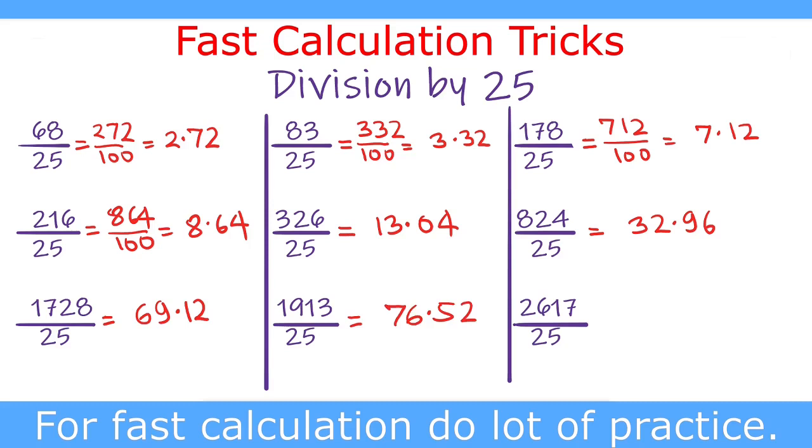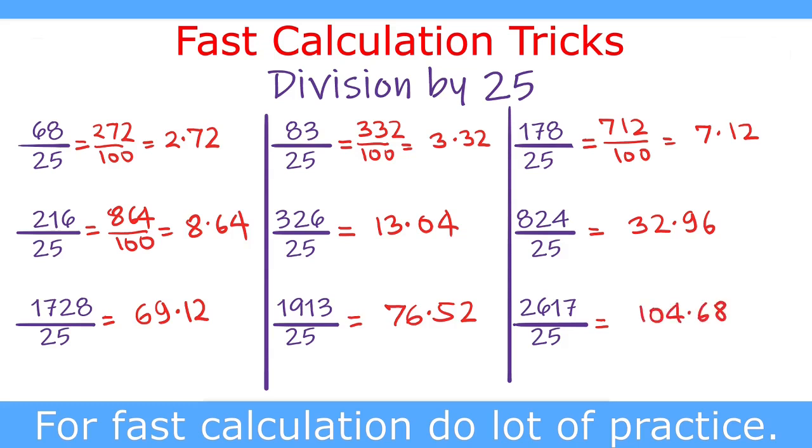2617 divided by 25. So we first divide it by 100. So this becomes 26.17. 4 times of 26 is 104, and 4 times of 17 is 68. So this becomes 104.68.